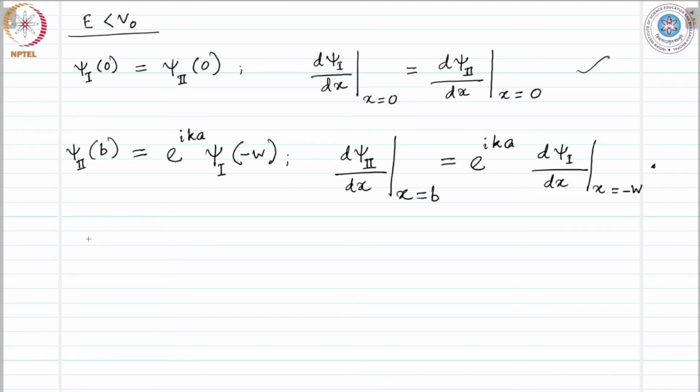From these conditions, we find a + b = c + d.